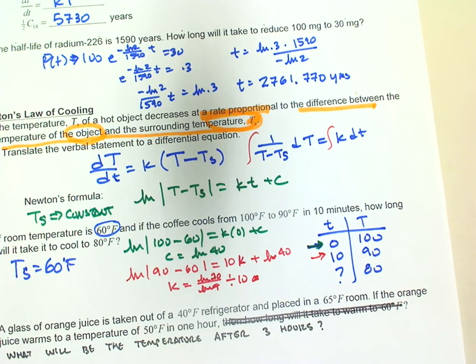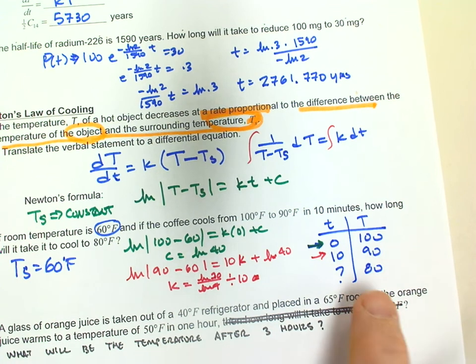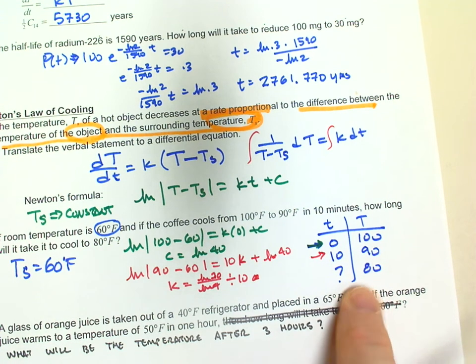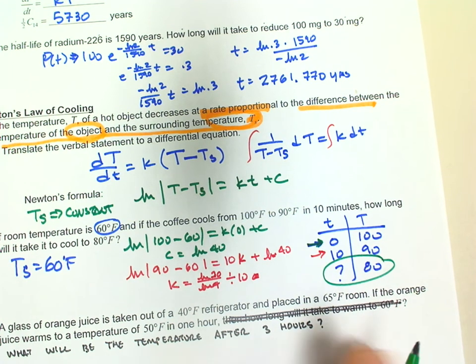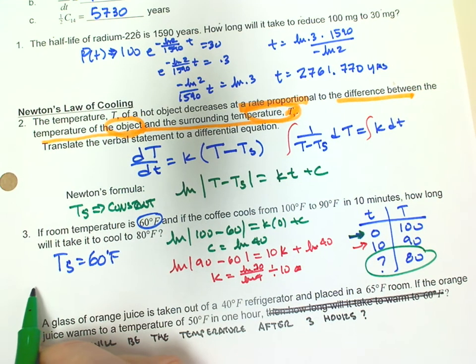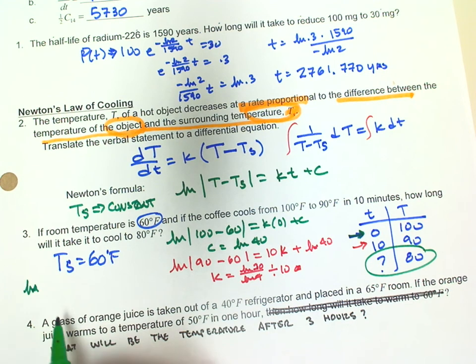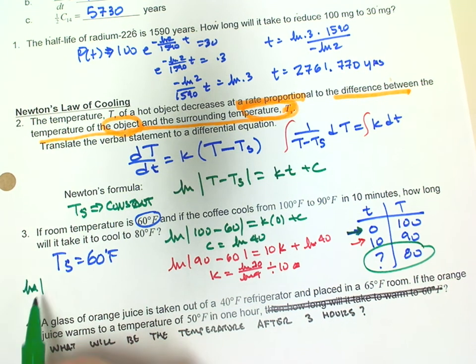That gives me my K, which means now I'm going to solve for T using this piece of information here. So again, running out of room, just write this as small as possible.